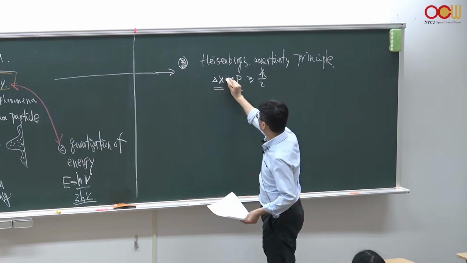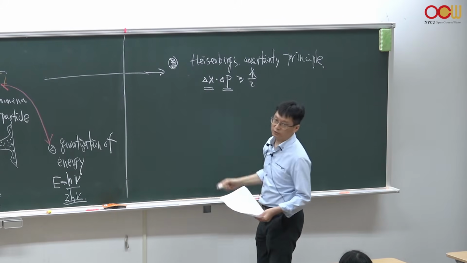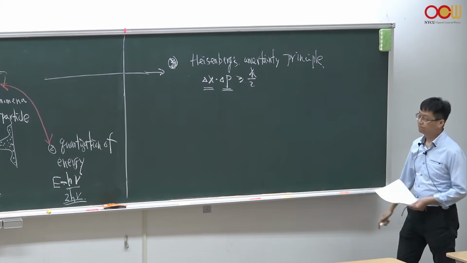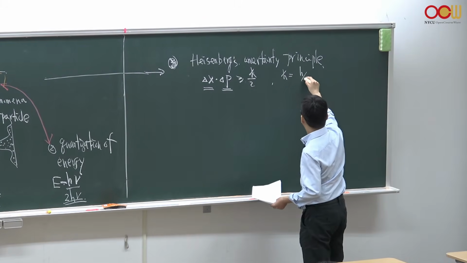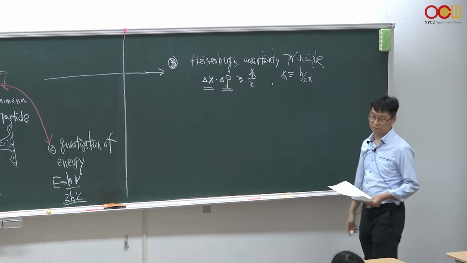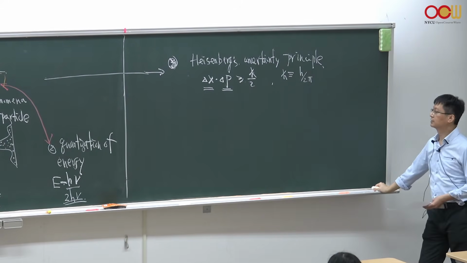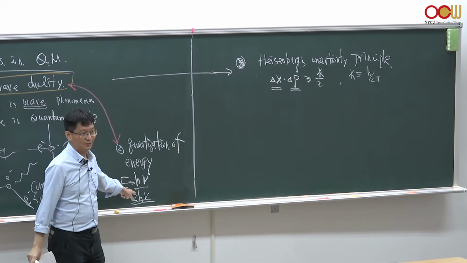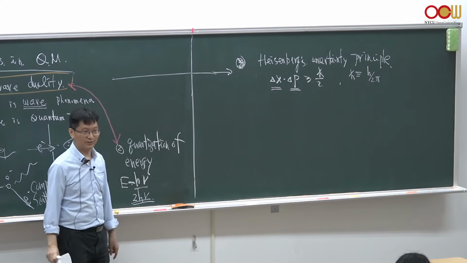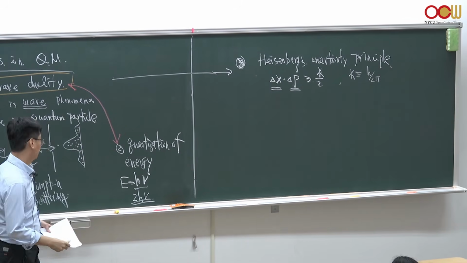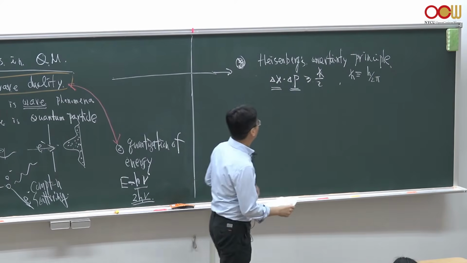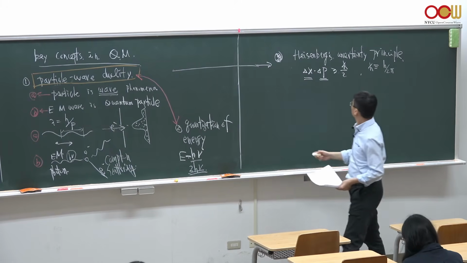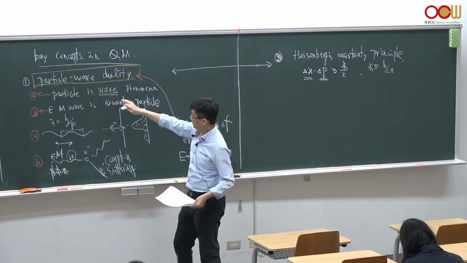This fundamental bound is that when these 2 error bars are multiplied together, the product is always greater than or equal to h bar over 2, where h bar is defined as h over 2 pi, and h is the Planck constant. By the way, Planck was the first one who really observed this h nu as a unit of photon energy.